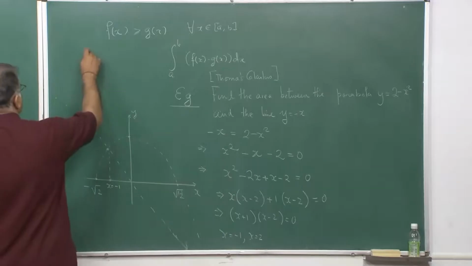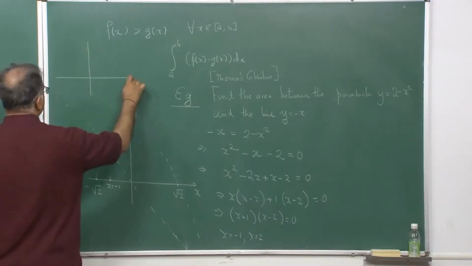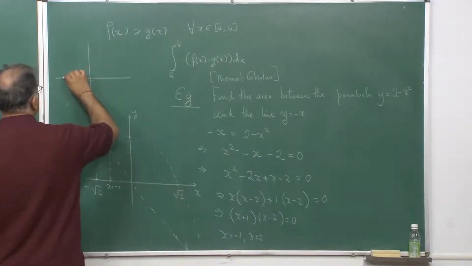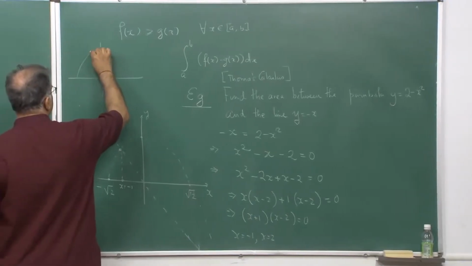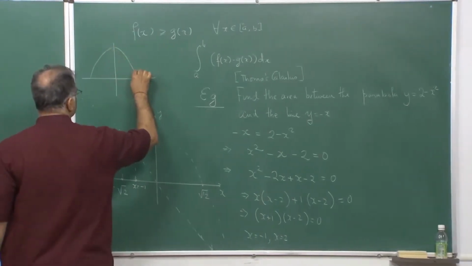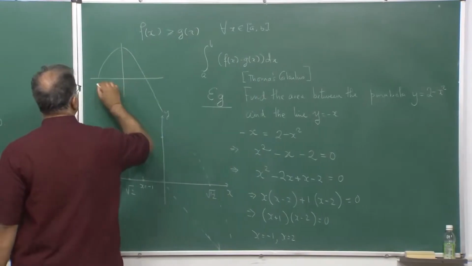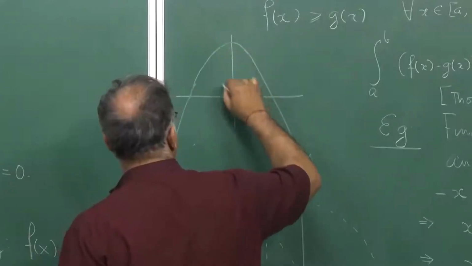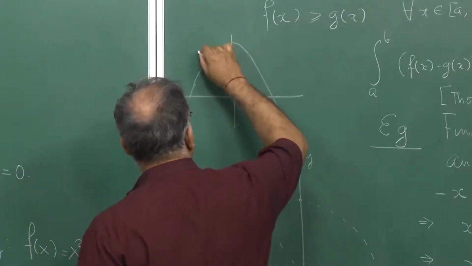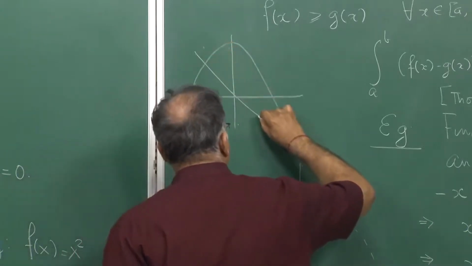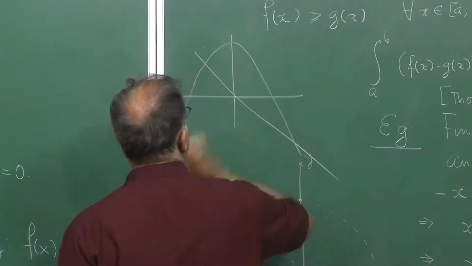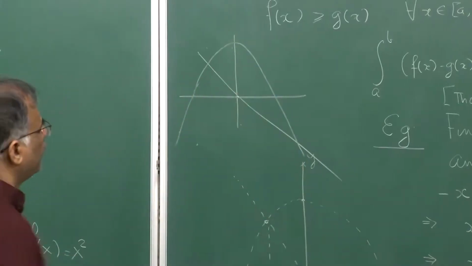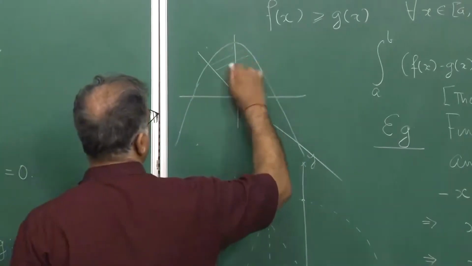So, if I draw this graph, it will be something like this. So, here is your parabola, symmetrical. So, y equal to minus x is cutting at 1, something like this. So, this is what we have to figure out, this area.